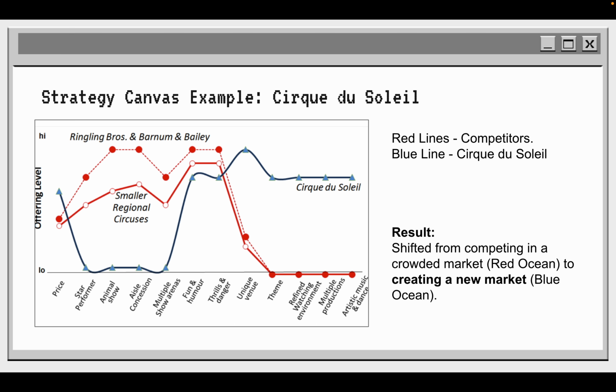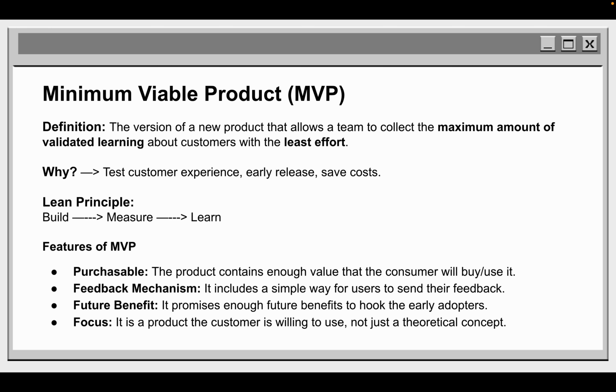By looking at the graph, we can see that Cirque du Soleil does not offer much in factors like star performers and animal shows, while it offers more in factors like multiple productions and artistic music and dance.